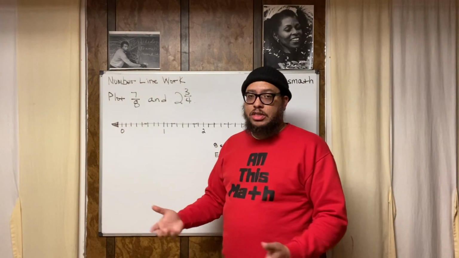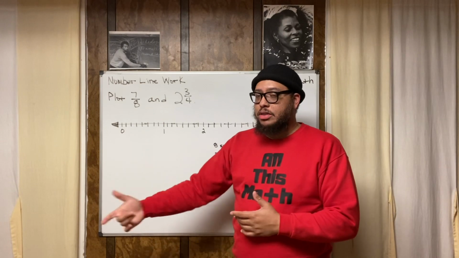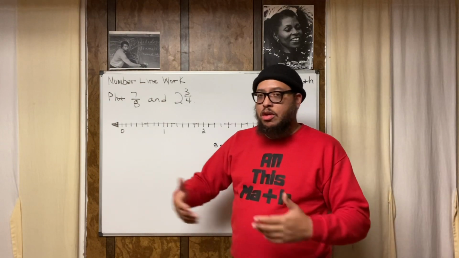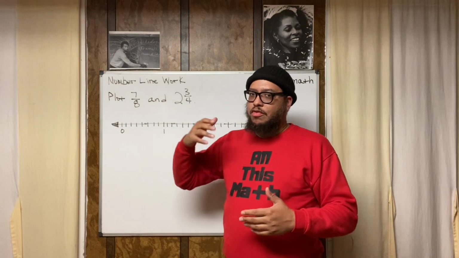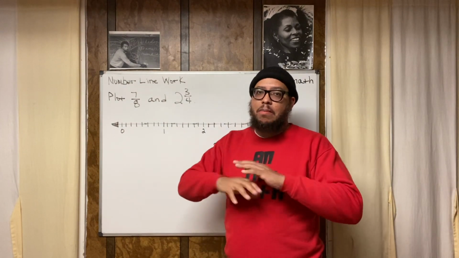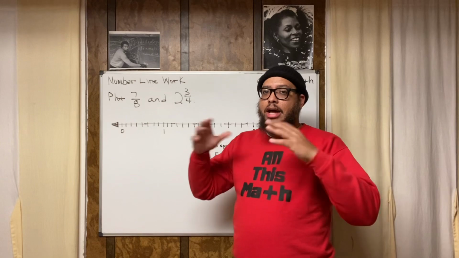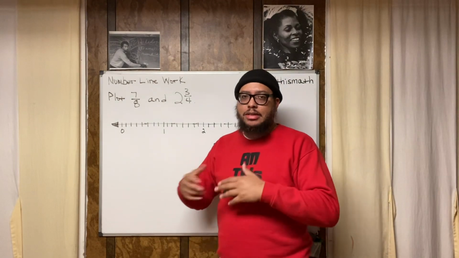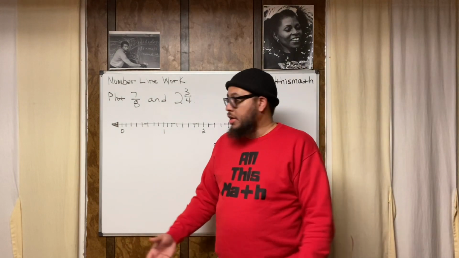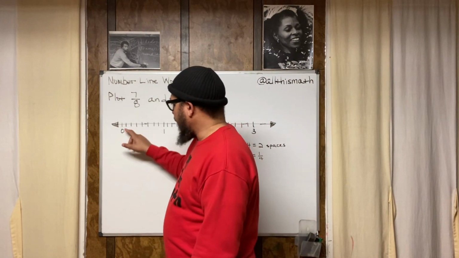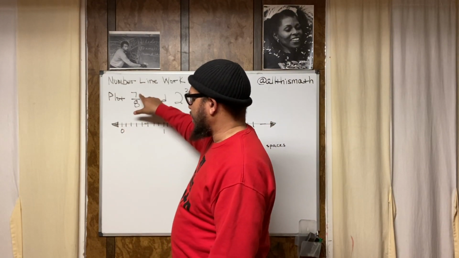We're counting by eighths. Sometimes you might be counting by halves, thirds, fourths, fifths, sixths, sevenths, 15ths, 12ths. You could be counting by any fraction, right? We're not always counting by whole numbers. I know a lot of times in life, we only count by whole numbers, but sometimes you could count by fractions.